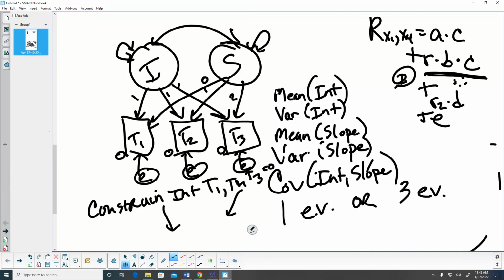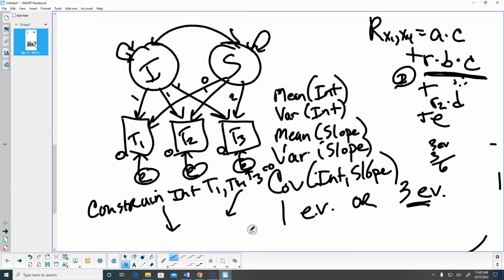So if we estimate 3 error variances, how many degrees of freedom would we have for the variance covariance part of the model? Yeah, right, so we'd have 3 error variances. We'd have a variance for the intercept, a variance for the slope, and the covariance. So that's another 3, right? So 3 plus 3 is 6, right? And we have 3 variables.